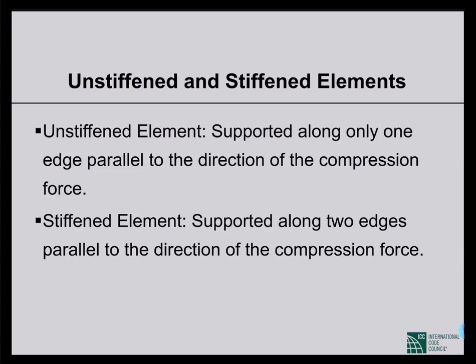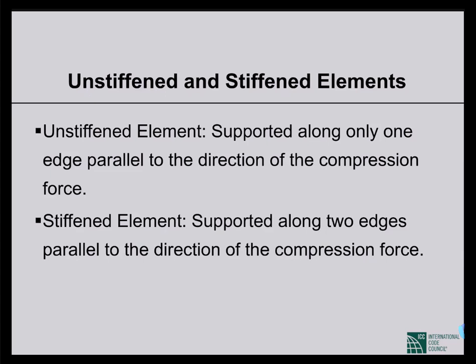Although we are using the term stiffening, here it has a different meaning. We are talking about elements of members, like a flange is an element of an I section, or a web is an element of a T section, for example. So we are talking about elements of sections.